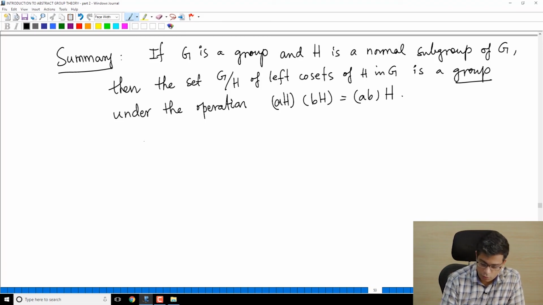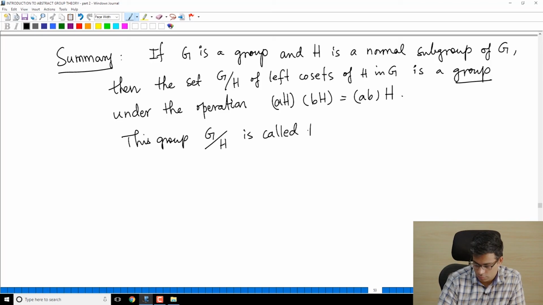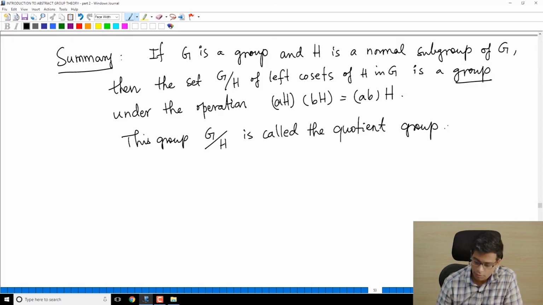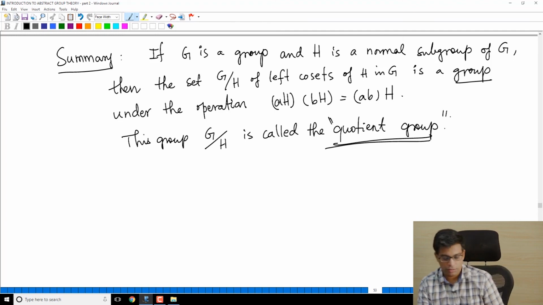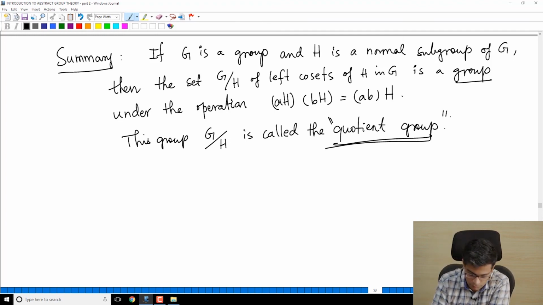Okay, this group G mod H is called the quotient group, the quotient group associated to G and H.